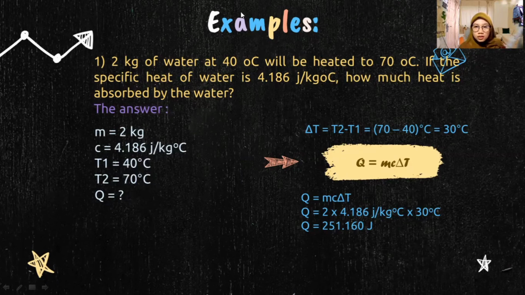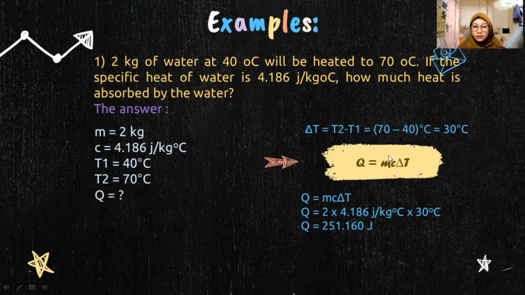First, find the difference in water temperature. Delta T equals final temperature minus initial temperature equals 70 Celsius minus 40 Celsius equals 30 Celsius.